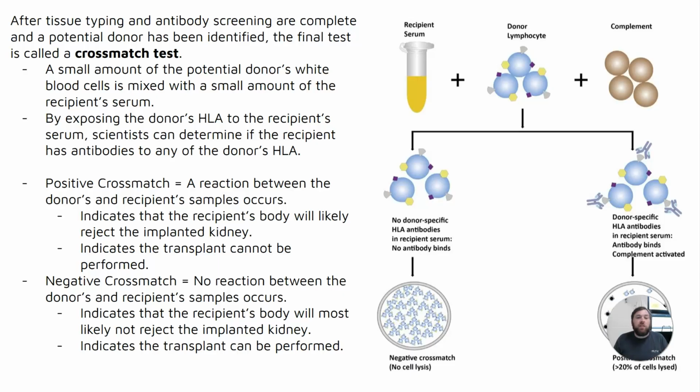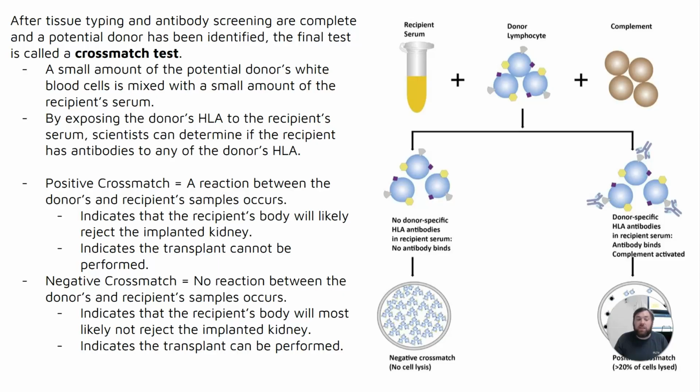By exposing the donor's HLA to the recipient's serum, scientists can determine if the recipient has antibodies to any of the donor's HLA. This will help us understand if you as the recipient have antibodies that will attack the donor organ. A positive cross-match means that the reaction occurred, and that would indicate that the recipient's body will likely reject the implanted kidney and the transplant cannot proceed.